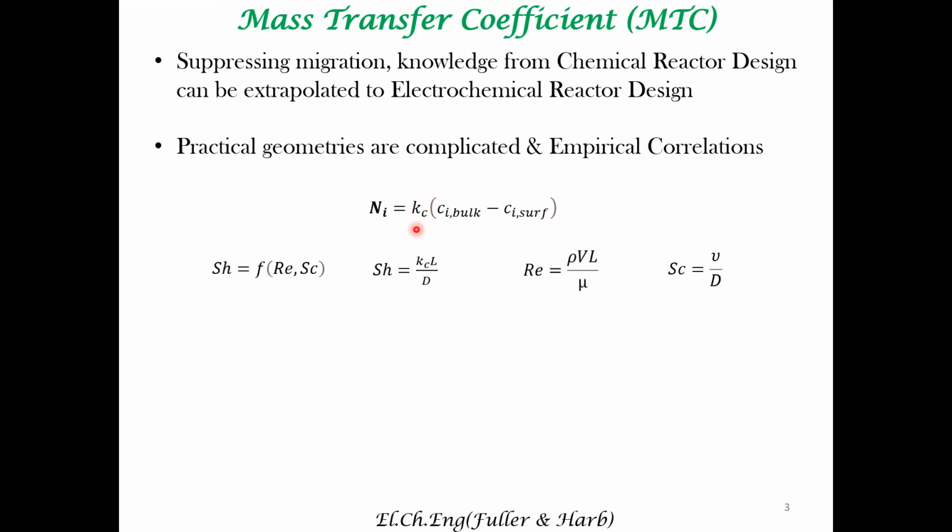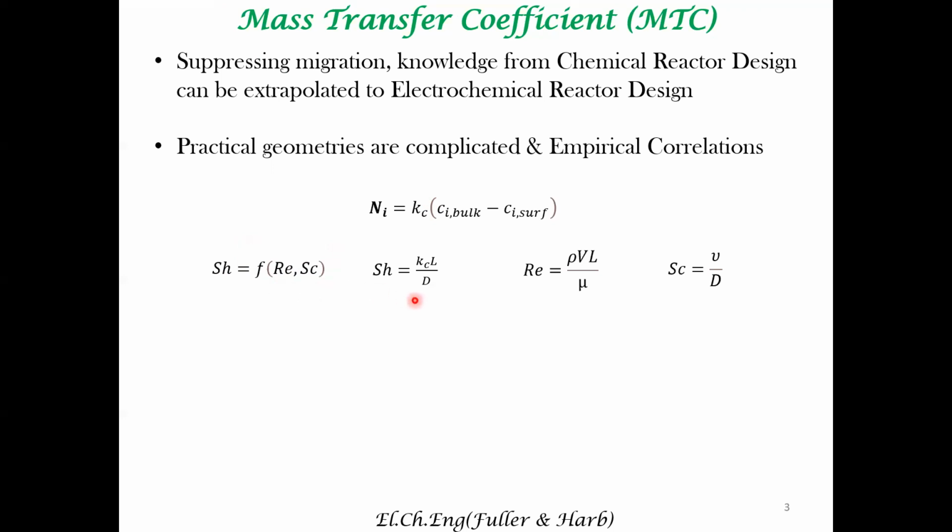So how do you get the mass transfer coefficient? This is where correlations come into play. Via dimensional analysis, you can relate certain dimensionless quantities. You must have seen this in your engineering transport phenomena classes: how to use dimensional analysis to relate different dimensionless groups.